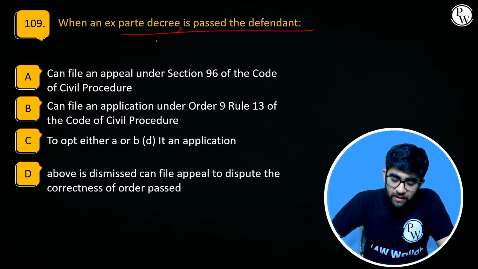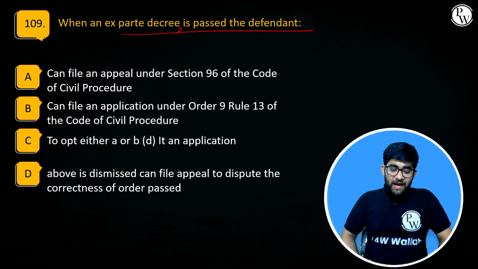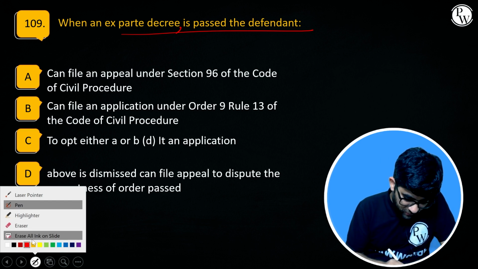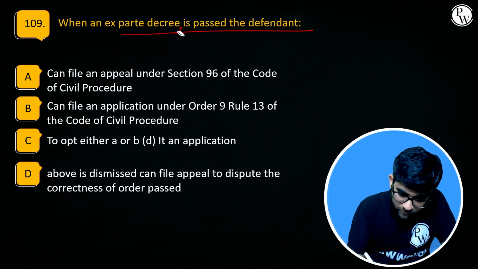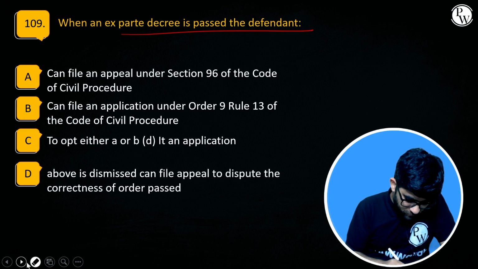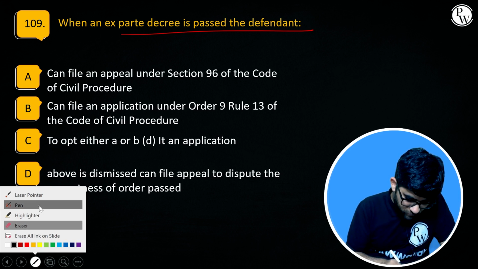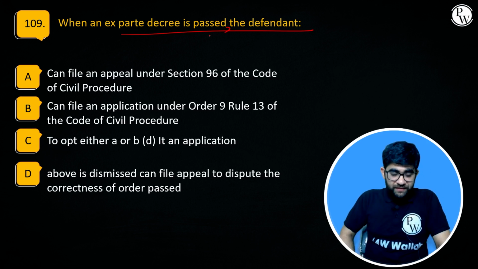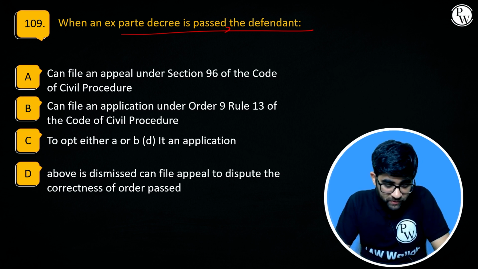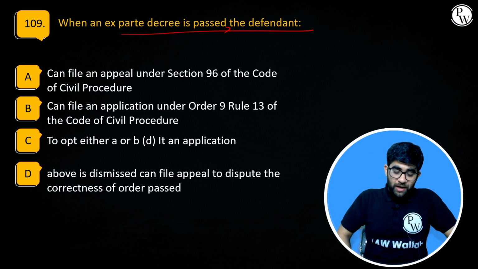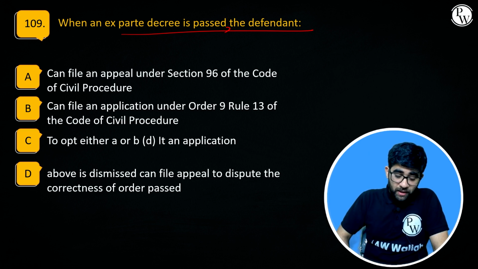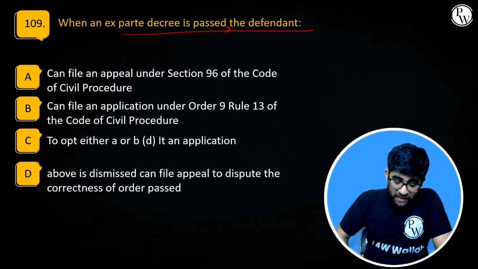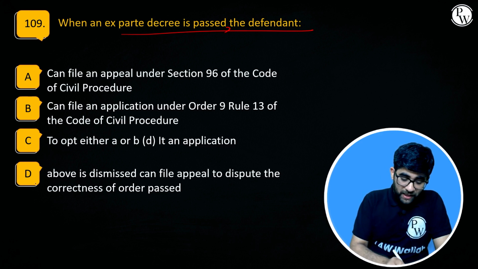Next, when an ex parte decree is passed, the defendant can file an appeal under Section 96 of CPC, can file an application under Order 9 Rule 13, to opt either A or B. If an application above is dismissed, can file appeal to dispute the correctness of the order passed.